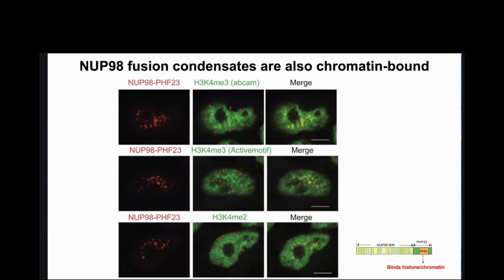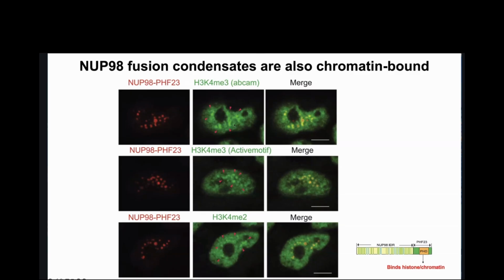We also know these puncta or condensates formed by NUP98 oncofusion proteins are chromatin bound because, as I mentioned earlier, a lot of these fusion partners either bind to DNA or are chromatin modifiers. So you can stain them, and you can see the fusion protein puncta follow the histone modification, in this case H3K4 methylation, very nicely.